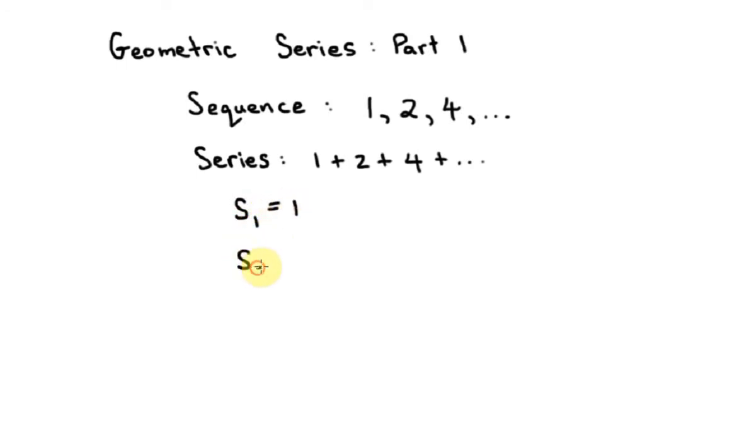And if I was going to add the first two terms together, well, that would be 1 plus 2, which is 3. And then I could add together 3 terms, so 1 plus 2 plus 4, and that's 7, and so on. So that's kind of where we're going with this.